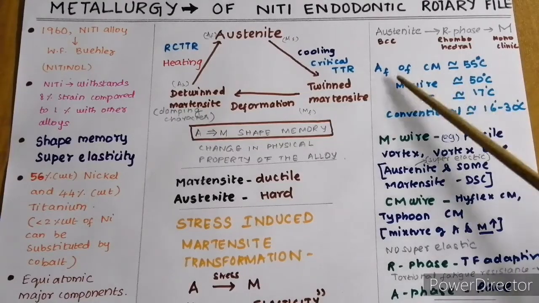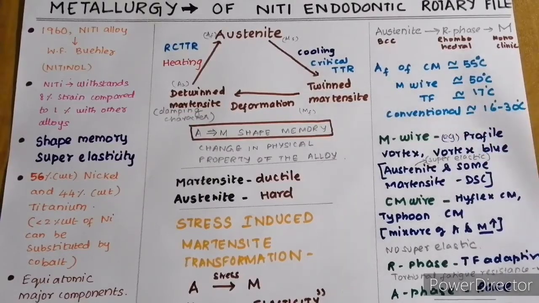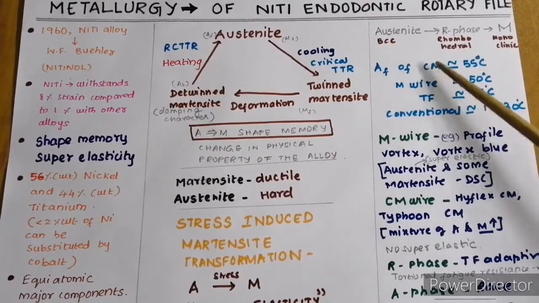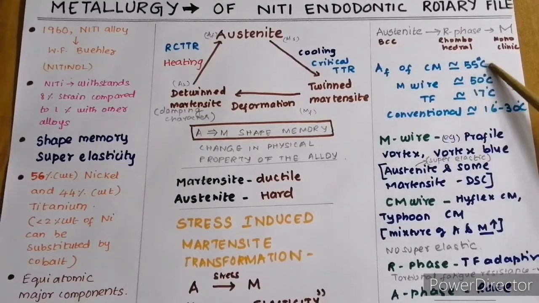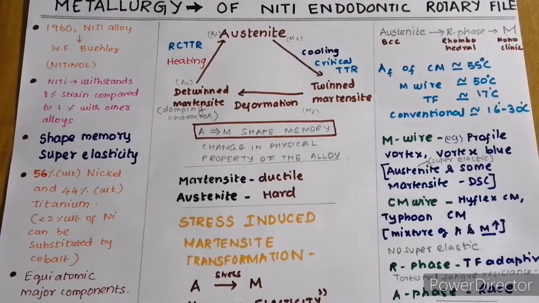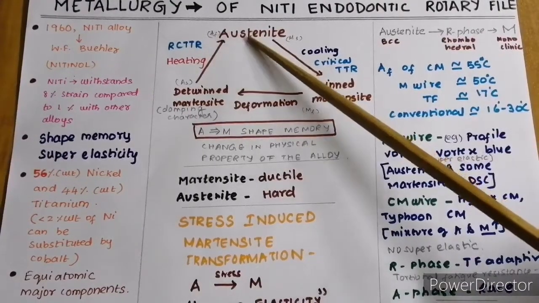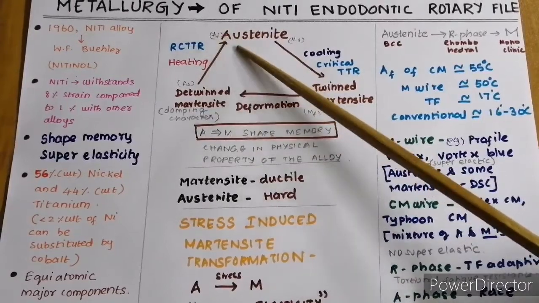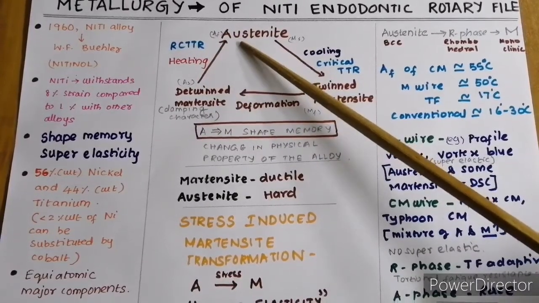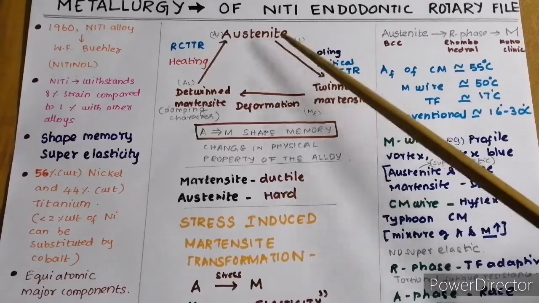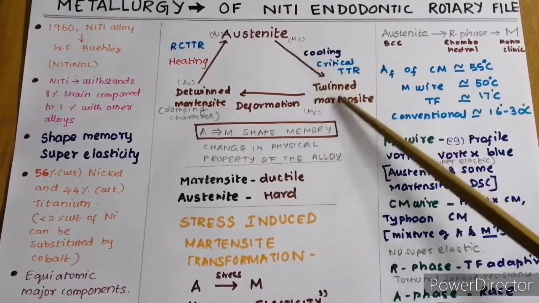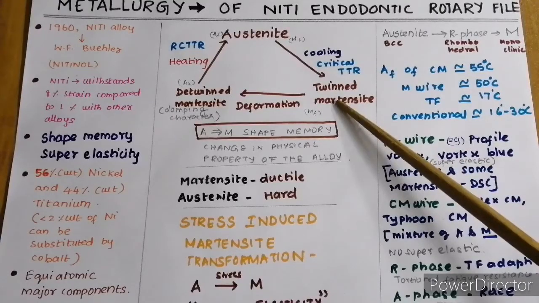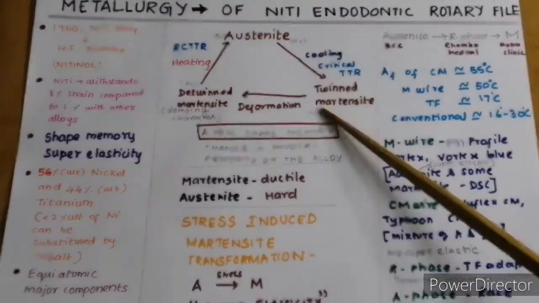So let us discuss about the importance of austenite finish temperature. So for this is CM, that is controlled memory files. So austenite finish temperature is 55 degrees centigrade. So what is austenite finish temperature? At austenite finish temperature, the file will be mostly in austenite phase. Then when we start to cool, the martensite start phase begins, and when it is completely transformed into martensite phase, it is called as martensite finish temperature.